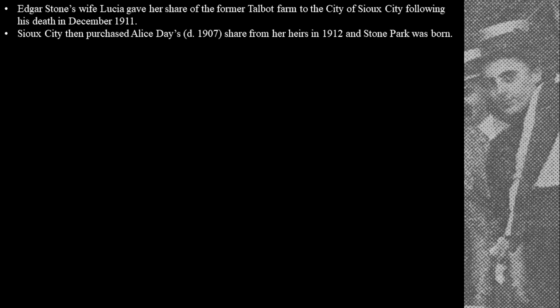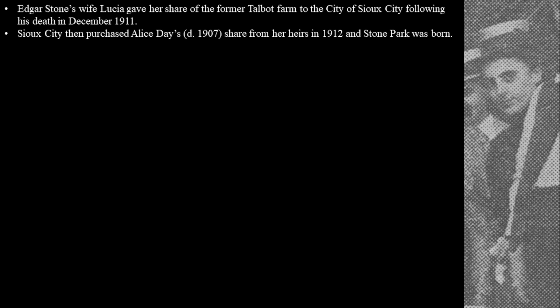And so she did, but Lucia only owned half of the land that had been Talbot's farm, about 400 acres. Edgar's sister, Alice Day, had inherited the other part of Talbot's land, and Alice had passed away in 1907, but her descendants decided in 1912 to sell her part of the farm to the city of Sioux City.